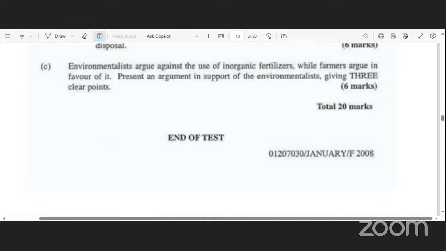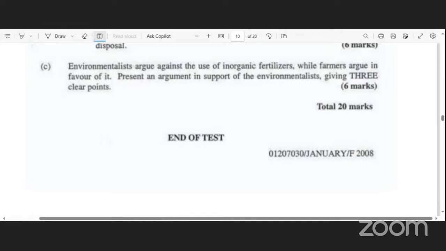Environmentalists argue against the use of inorganic fertilizers, while farmers argue in favor of it. Present an argument in support of the environmentalists, giving 3 clear points. So you're up on a debate as an environmentalist against farmers. Farmers want to use inorganic fertilizer, but as the environmentalist, you want to tell them why it's not effective to use these types of chemicals.